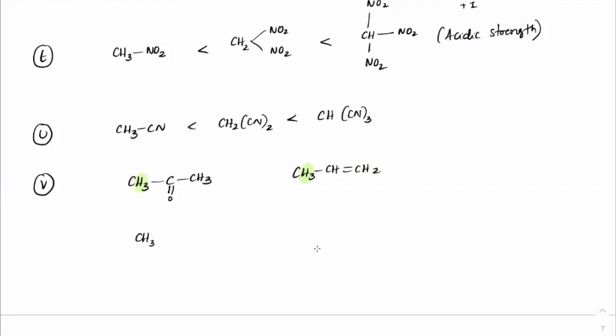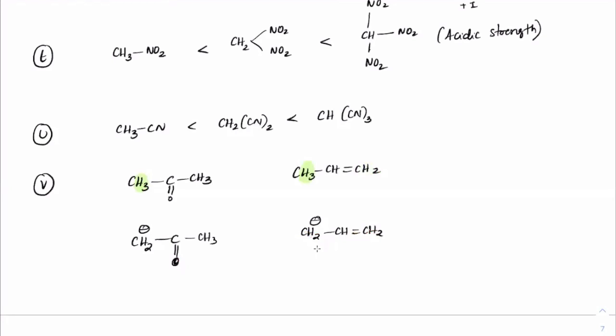So we'll get here as CH2 minus and C double bond O CH3, while here we'll get CH2 minus CH double bond CH2. Okay. Now this would have better resonating structures, as oxygen will get negative charge on it, while here only carbon keeps getting negative charge on it.